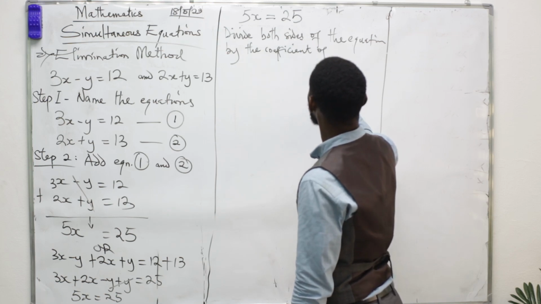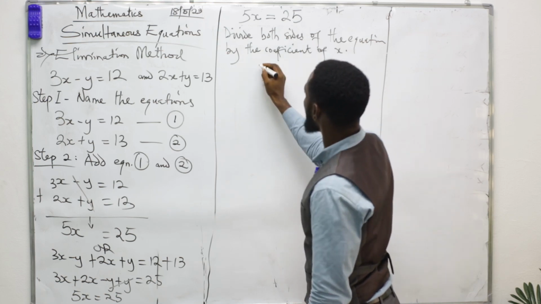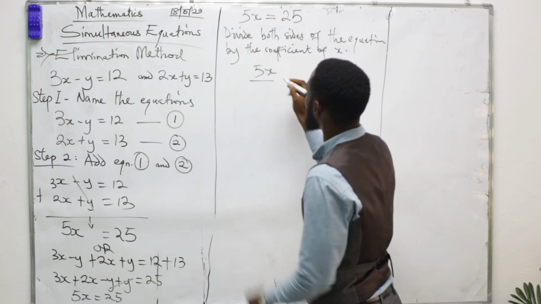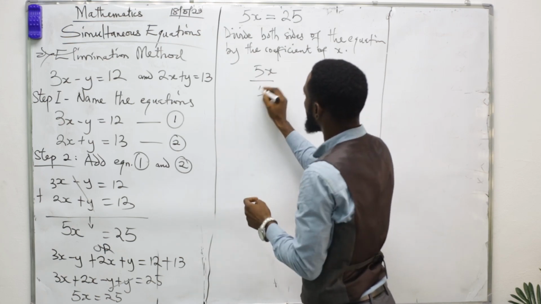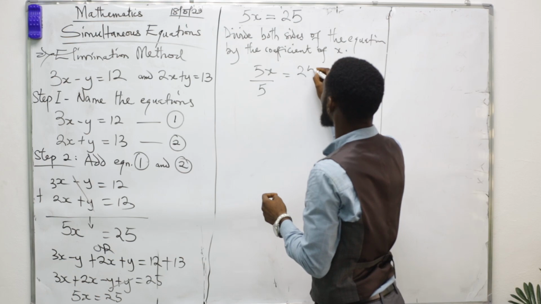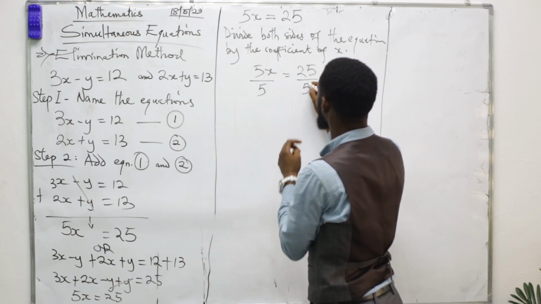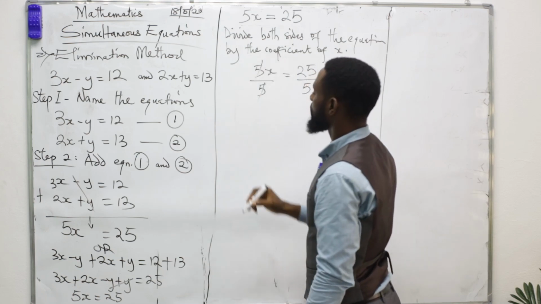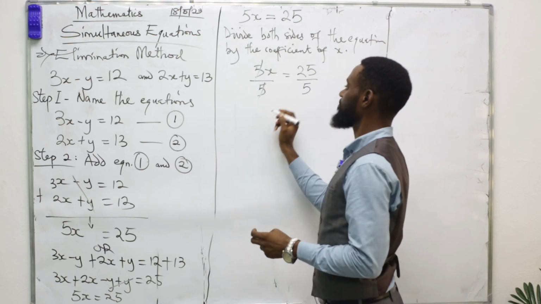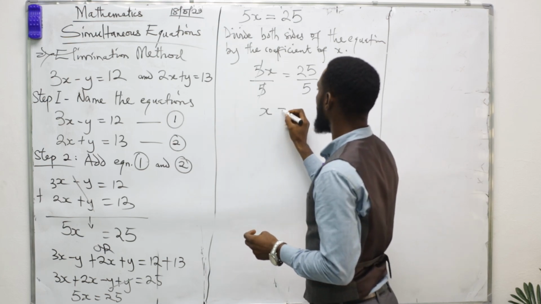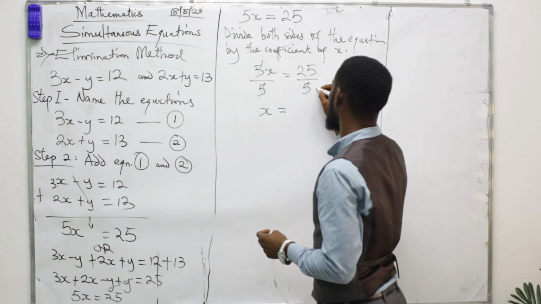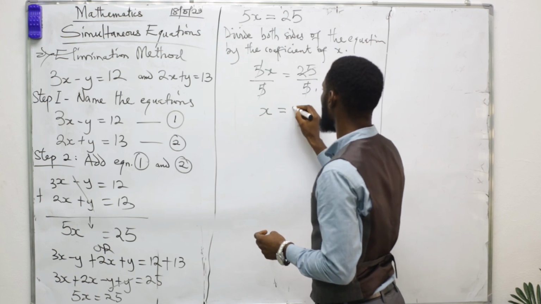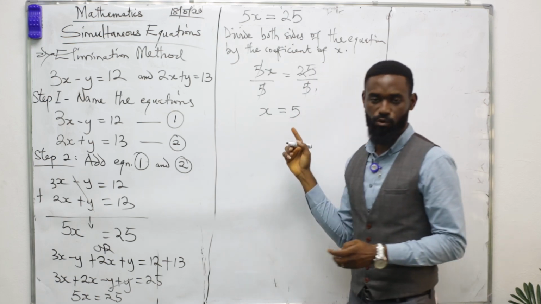Do you get that? So 5x will be divided by this coefficient, which is 5, is equal to 25 divided by this coefficient, which is 5. So 5 into 5 is 1, 1 times x is x. Then 5 into 25 is 5. So our x is equal to 5.